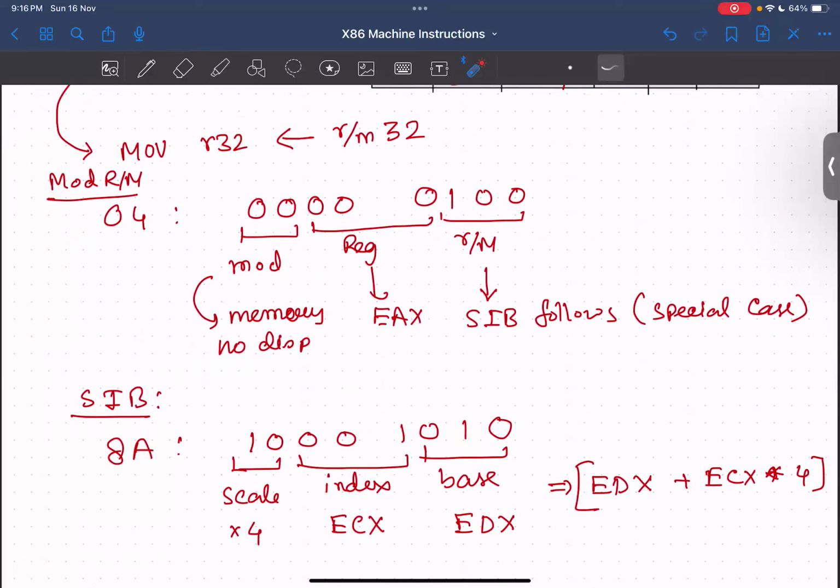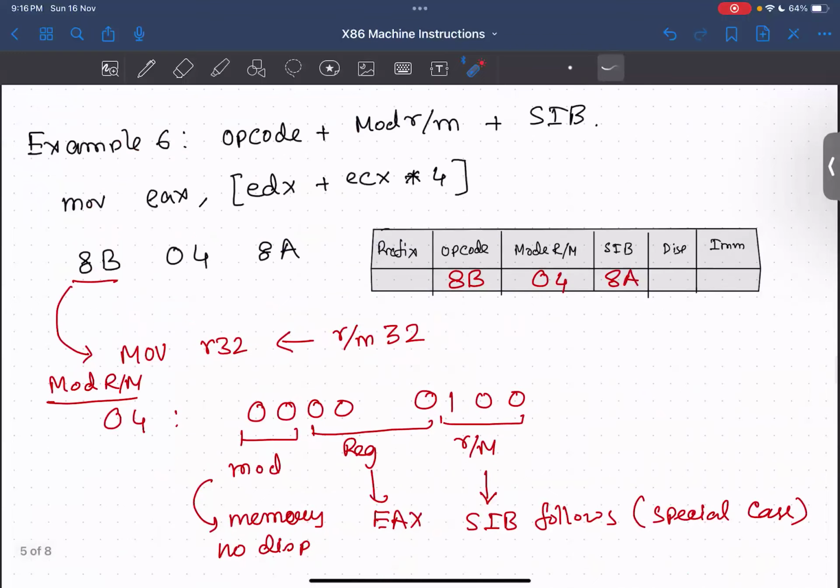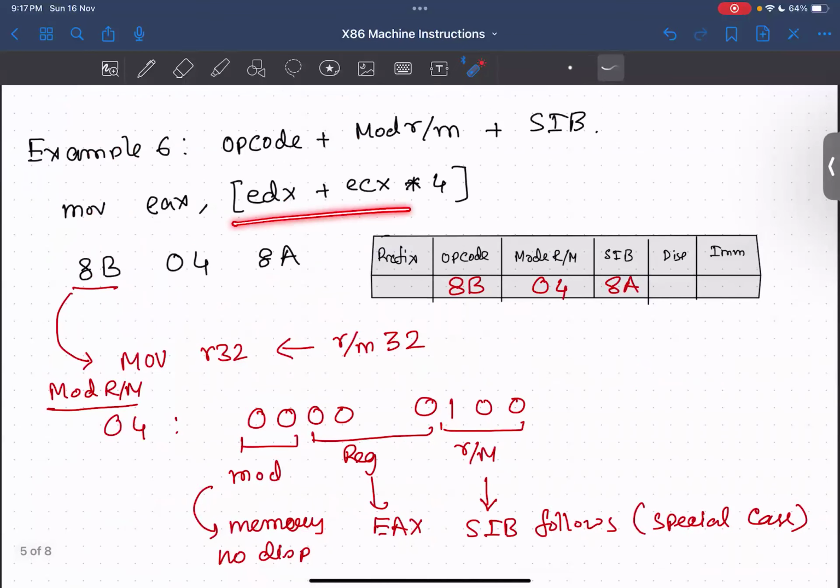Then you have your index register, which is 001, which says ECX, and then base is 010, which is EDX. So your whole representation of the SIB goes like base plus index multiplied by scale. Makes sense? And we have no displacement. So this is how you get the memory address, and then you copy the value to EAX.